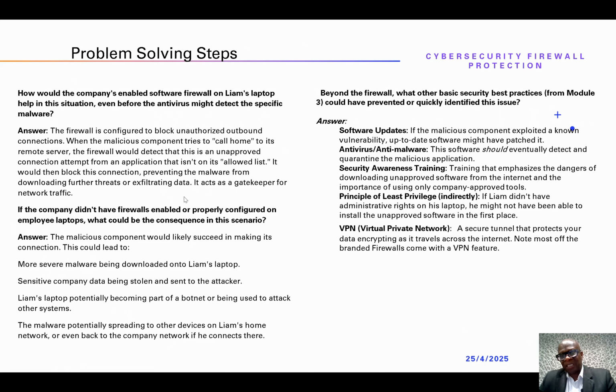Then a VPN, very, very important. Most firewalls, or most internet security systems, come with a VPN by default, which is a secure tunnel that protects your data by encrypting it as it travels across the internet. Most of the branded firewalls come with a VPN feature.